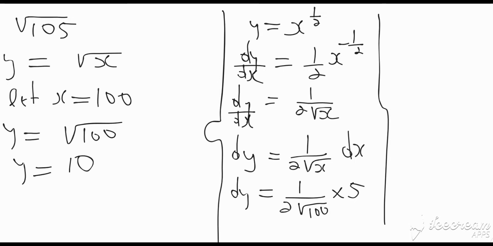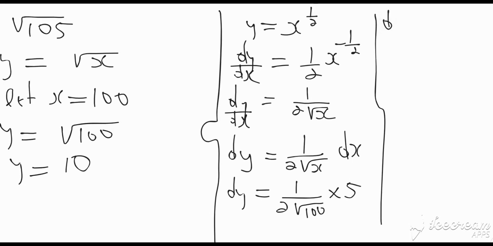Breaking this down, I'm going to have the change in y equal, of course, 1 over 2 times the root of 100. The root of 100 is 10. So I'm going to have 5 over 20. 5 over 20 is basically equal to 0.25. So the change in y would be equal to 0.25.